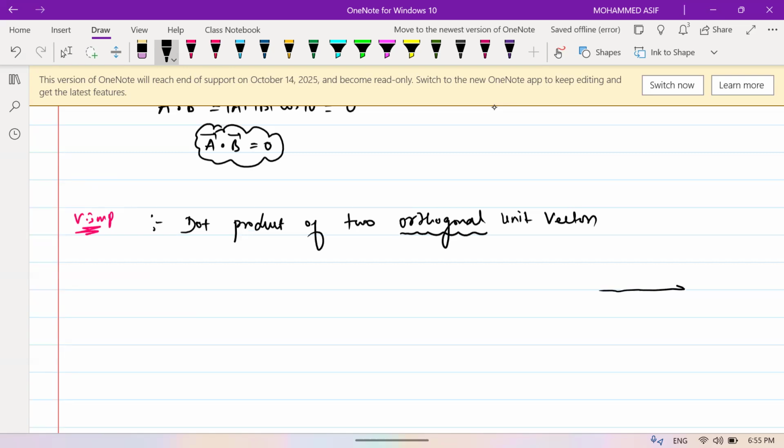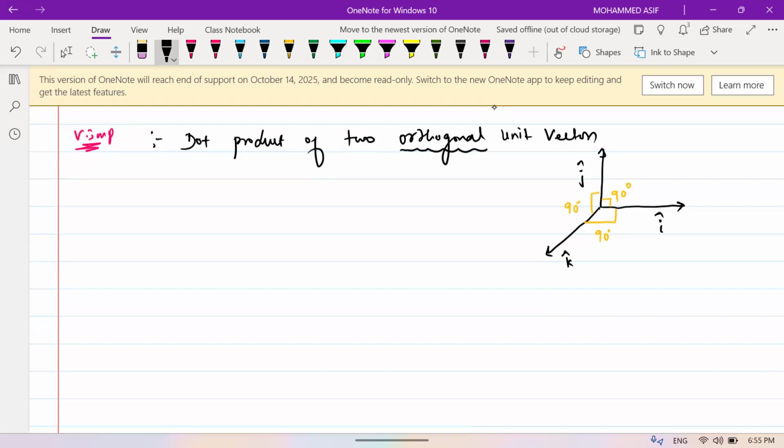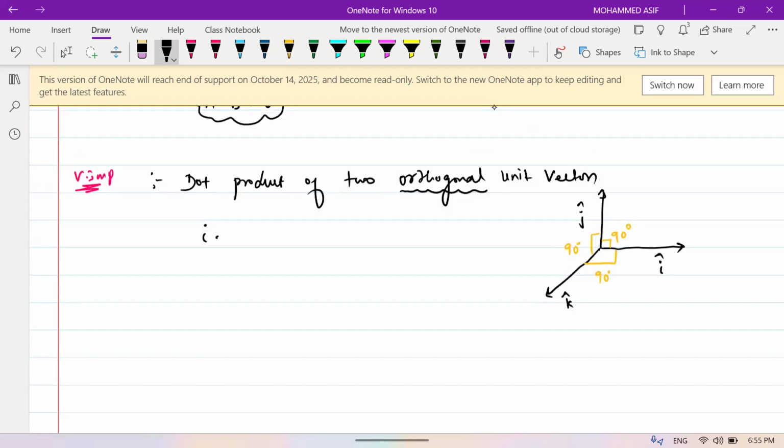Like the x-axis, we represent it by I cap, the y-axis by j cap, and the z-axis by k cap. Angle between I and j is 90 degrees, angle between j and k is 90 degrees, and angle between I and k is also 90 degrees. So these vectors are called what for me? Orthogonal unit vectors.